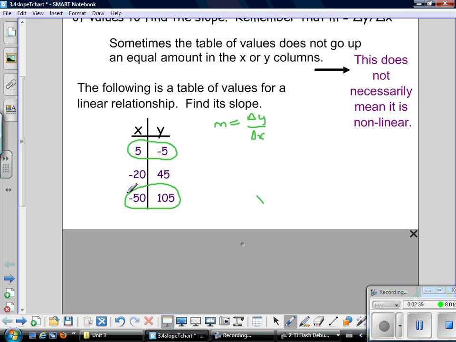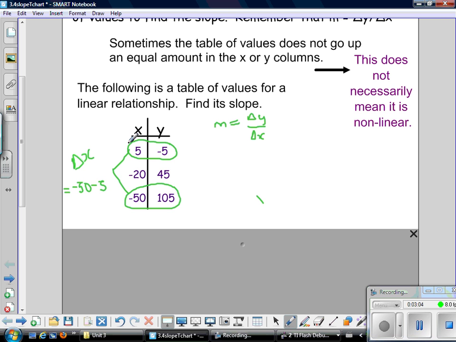Now I can calculate, for instance, my delta x. And again, it doesn't matter whether I start with the 5 or the negative 50, but I'm going to choose negative 50 and subtract the 5.